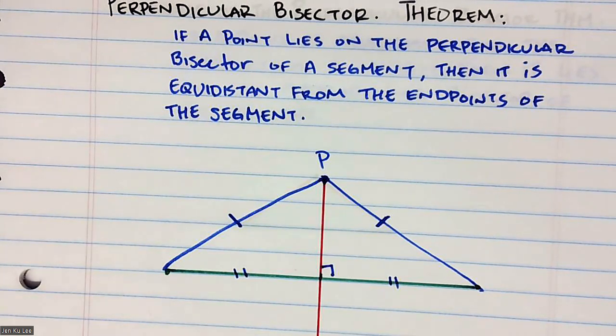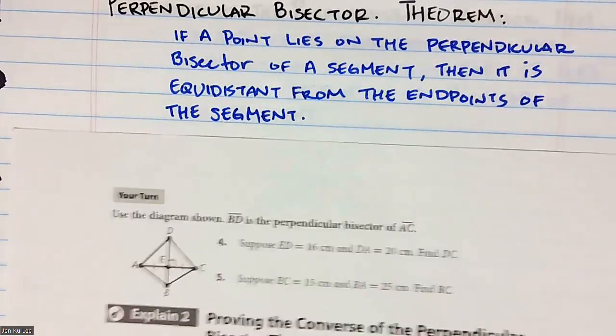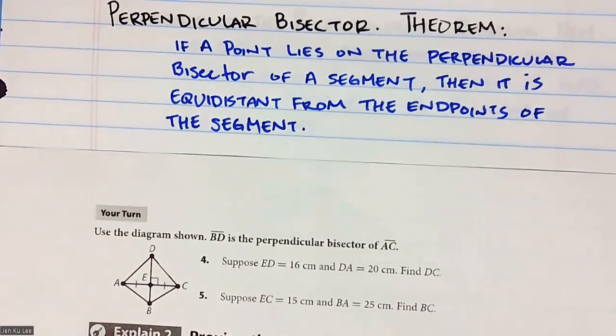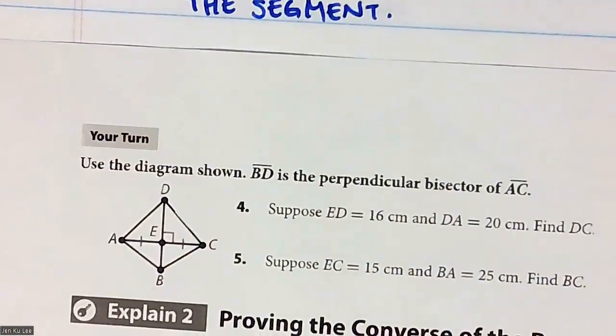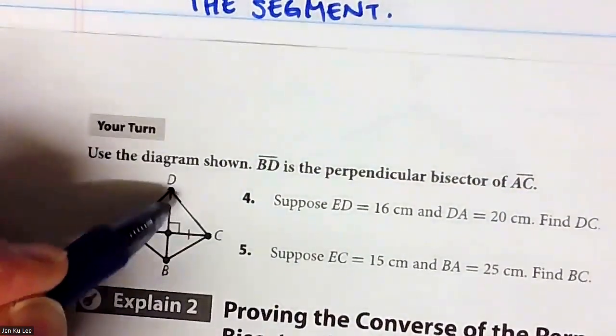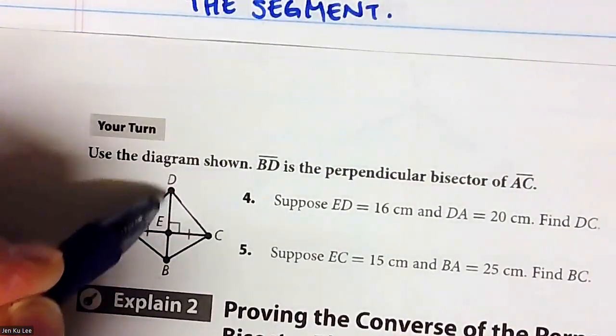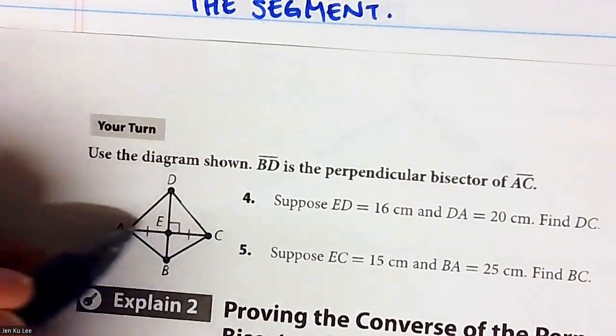So that being said, let's do a quick, pretty simple example. Use this diagram to show that BD, this vertical segment, is the perpendicular bisector of AC.